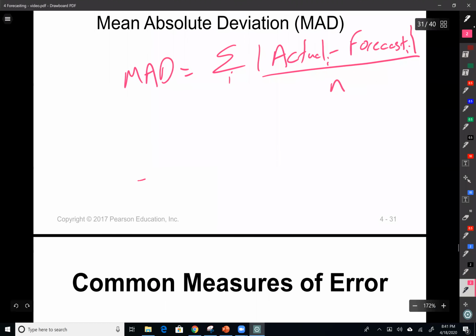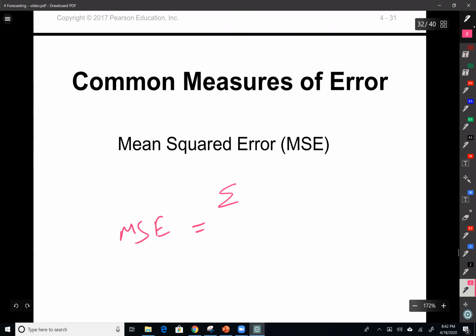So maybe I should define here error as E sub i equals actual sub i minus forecast sub i. So then you basically look at your E sub i errors and take the square of that and then add it over i divided by the number of periods.